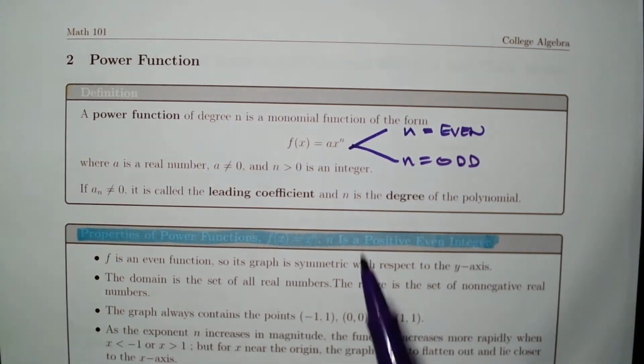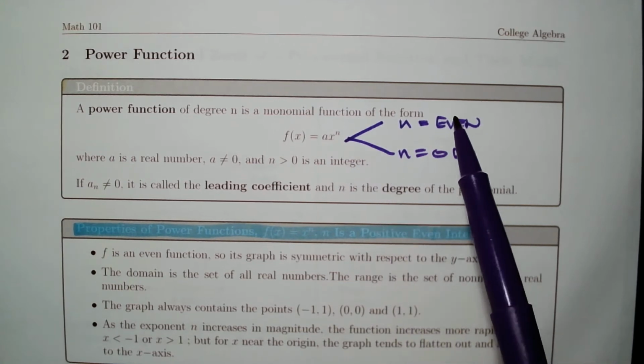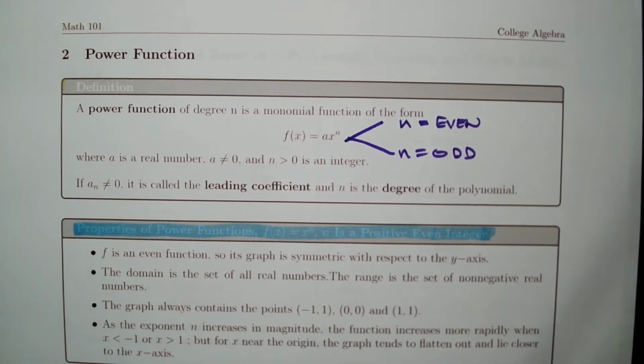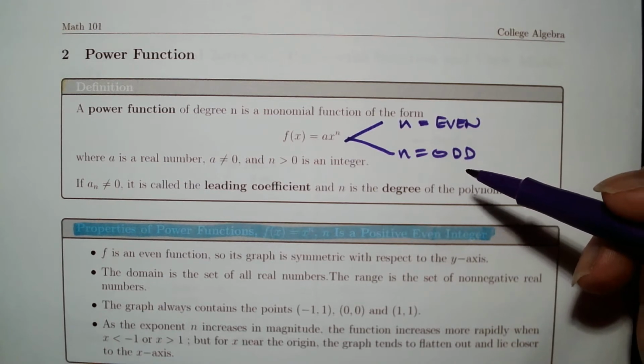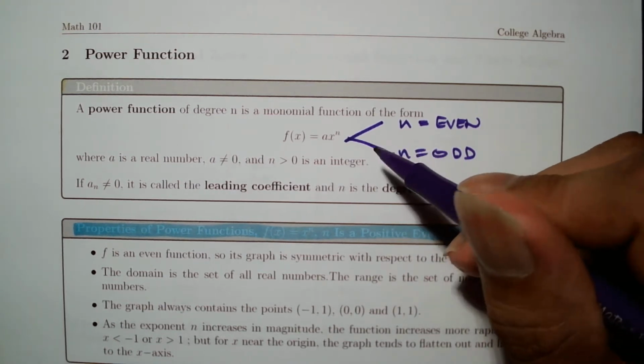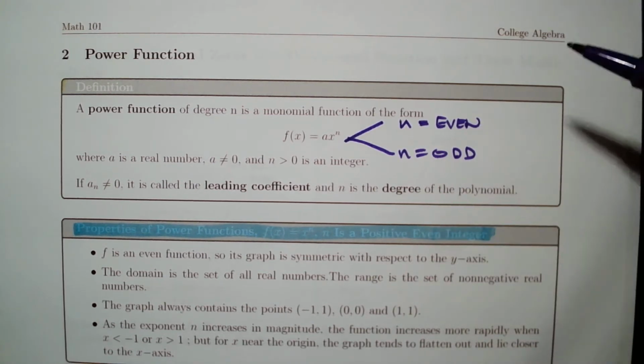So we're going to have power functions with even powers, like x squared, x to the 4th, x to the 6th, x to the 8th, x to the 10th, etc. And likewise, we are going to have power functions in which n is odd, such as x to the 1st, x cubed, x to the 5th, x to the 7th, x to the 9th, etc.